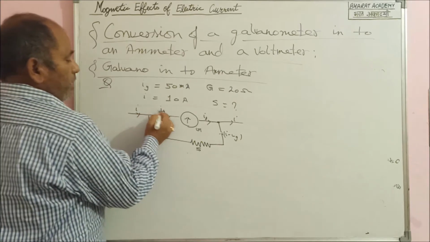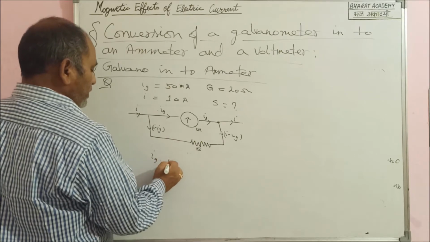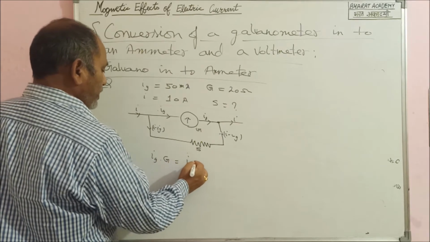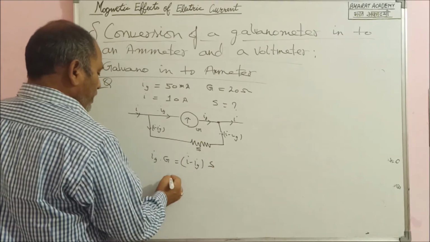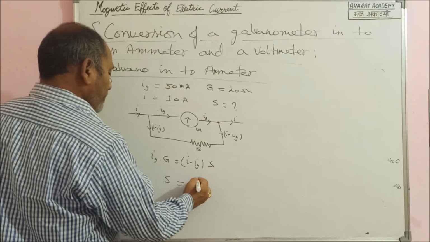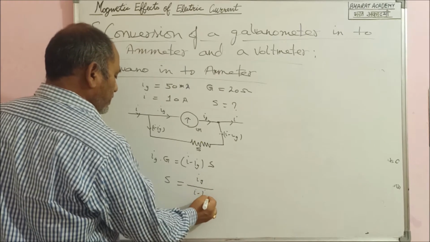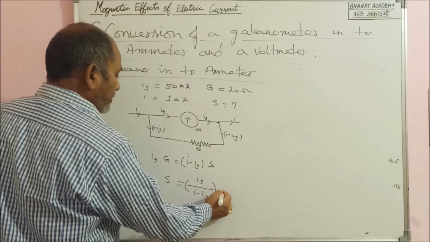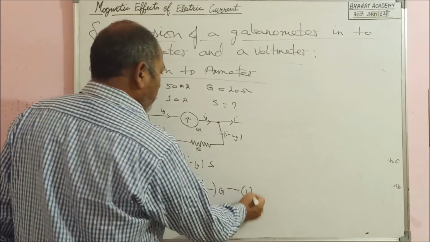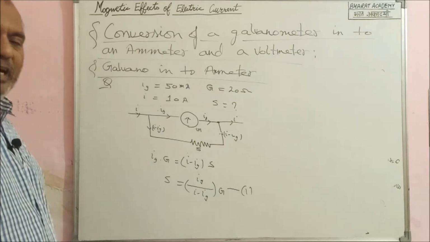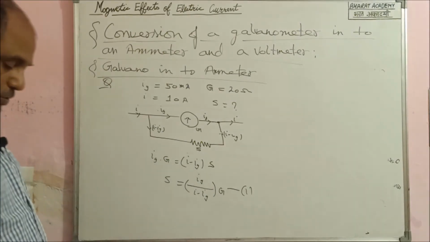Ig into G is equal to (I minus Ig) into S. The PD is the same, right? I want to calculate S. It will be Ig upon (I minus Ig) into G. Up to this line, all students can find it out, but the problem lies with the calculation.